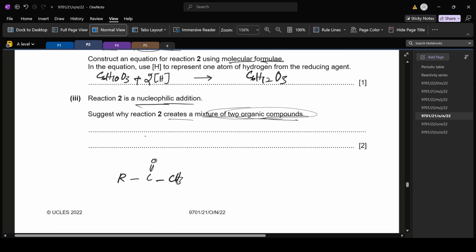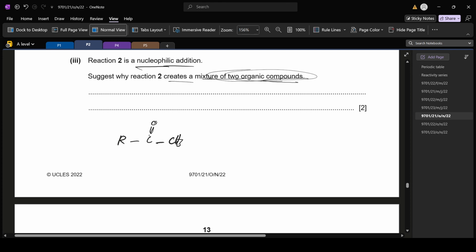I want to show you this to help you understand this question, which suggests why reaction 2 creates a mixture of two organic compounds. So if I redraw this, CH3.